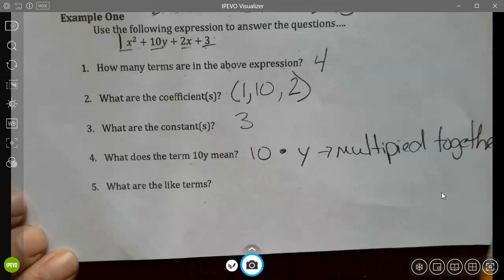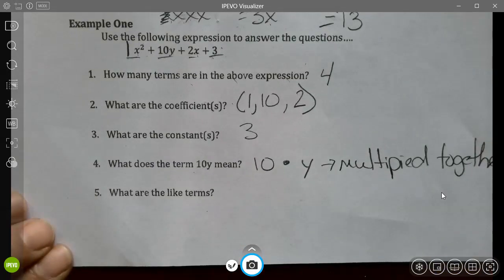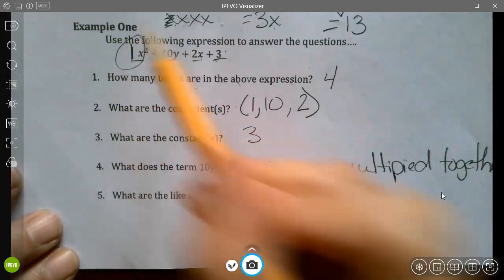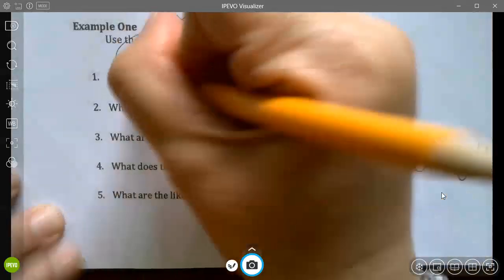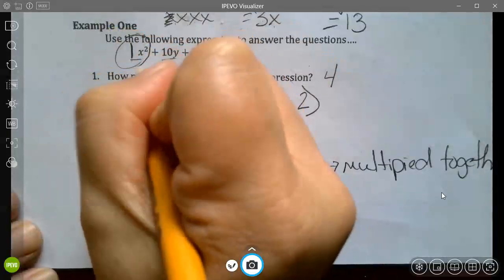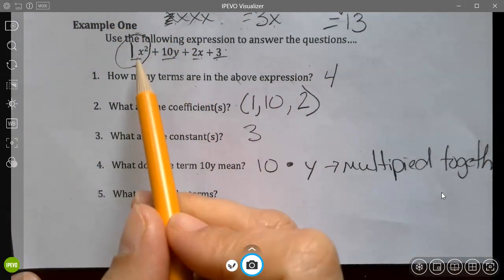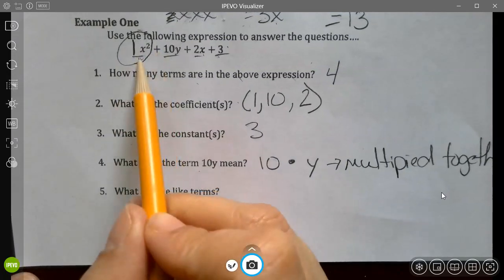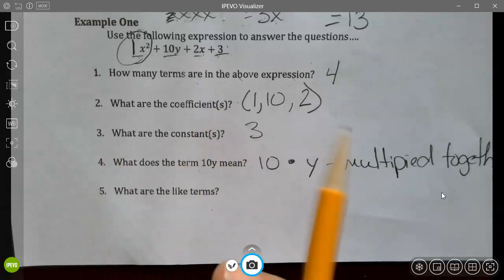And then what are the like terms? I like to circle as I go so I can eliminate. So I'm going to look at my first one. Remember, it needs to have the same variable to the same power.